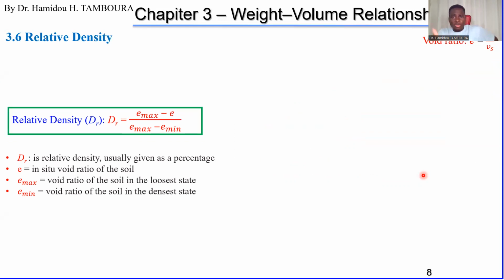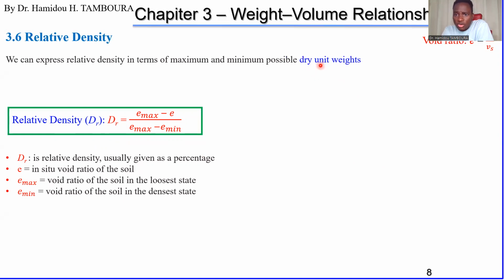Okay, again, we can use another method to determine the relative density. We have used void ratio and porosity. We can also use dry unit weight, because very often the dry unit weight is what you are dealing with in the lab.